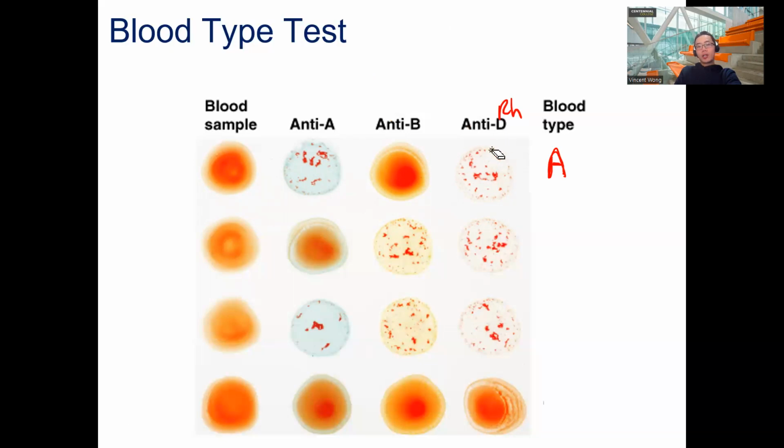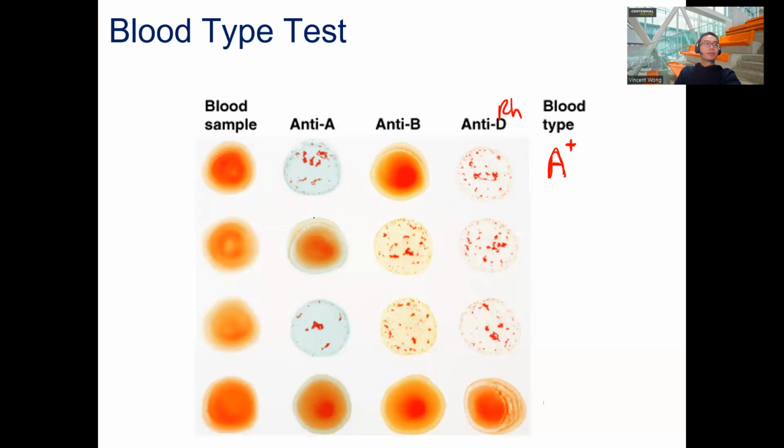There is reaction with RH antibodies. That means there is RH on your red cells, and that makes it positive. Okay, so that means the blood type is A positive for the first example.